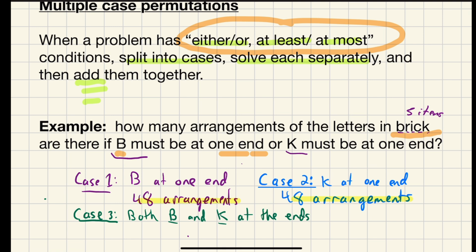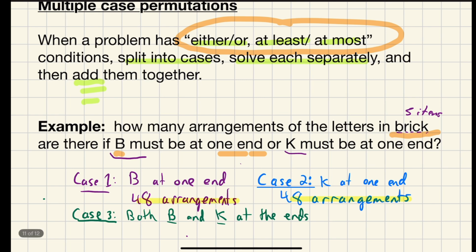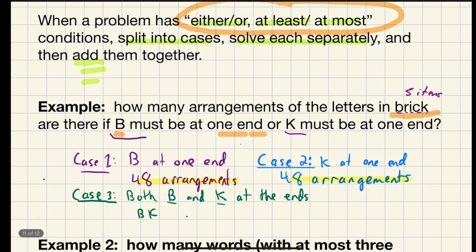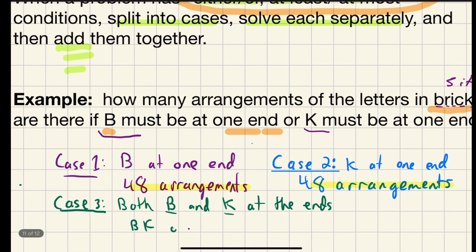And with that, if you're bringing them both together, you could have BK or KB. So this has 2 permutations. Now, if K and B are at either end, then that leaves 3 letters of the 5 to be rearranged. So the remaining arrangements would be 3 factorial.